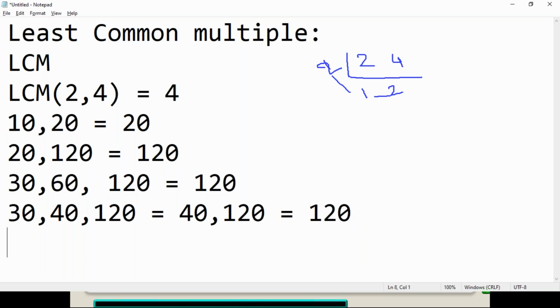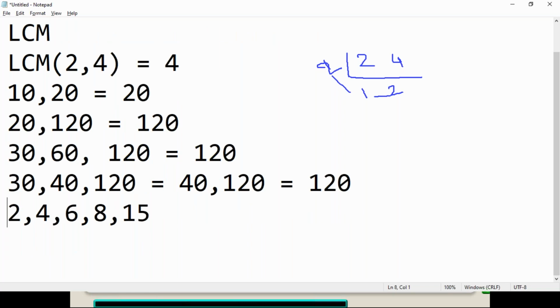Again 120 is the LCM. Like 2, 4, 3, 6, 8, 15. If they give like this, my suggestion to you is: out of 2, 4, what is the LCM compulsorily? 4.